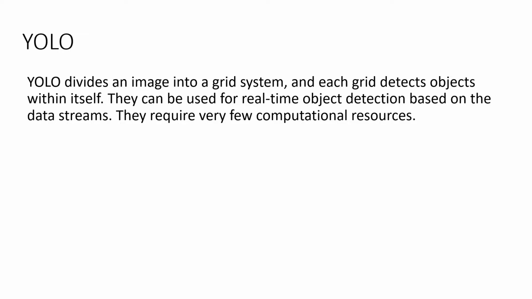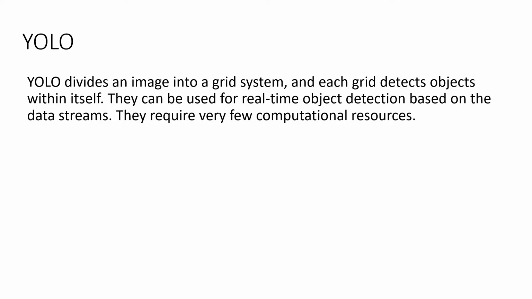Yesterday we saw the MobileNet architecture where the input image is a 224 by 224 three-channel image, and that image goes to the depth-wise convolution, which produces a depth-based feature map.